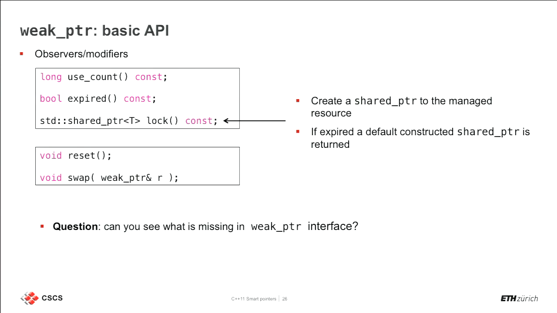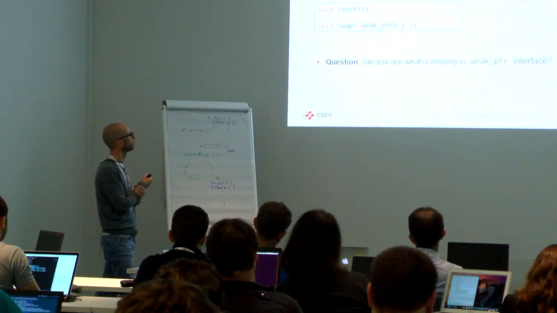So it just gives you back a shared pointer which points to null pointer. Instead, if the weak pointer is not expired, which means that there is at least somewhere in your code one shared pointer pointing to that resource, it will return a valid shared pointer. And this is an important method that we will use in some of the examples.